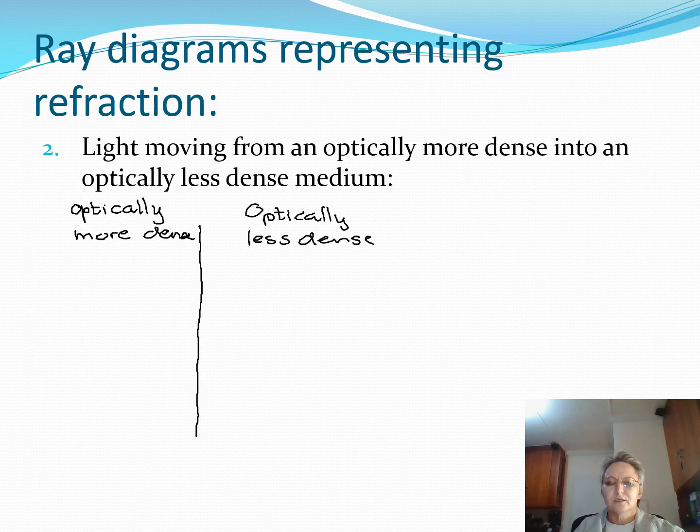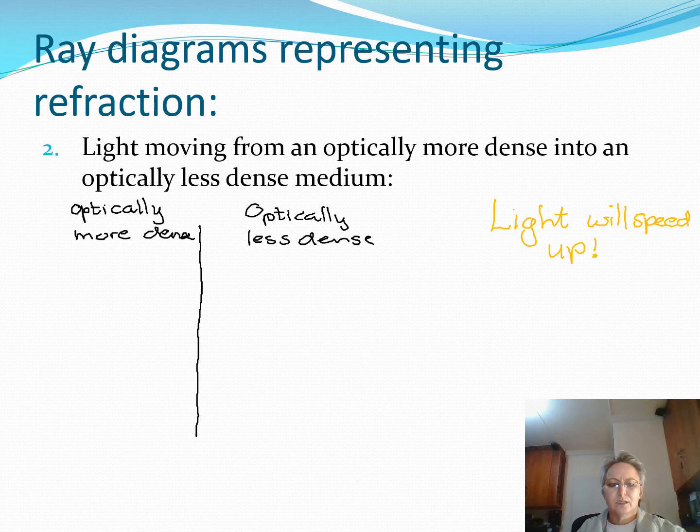So in this case, the light will speed up. It will go faster from a more dense into a less dense medium.